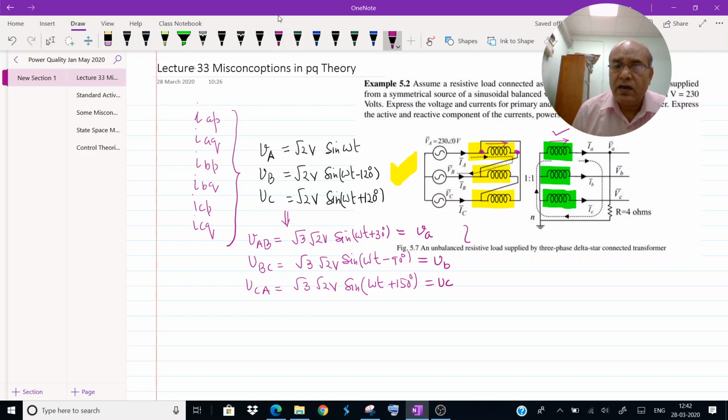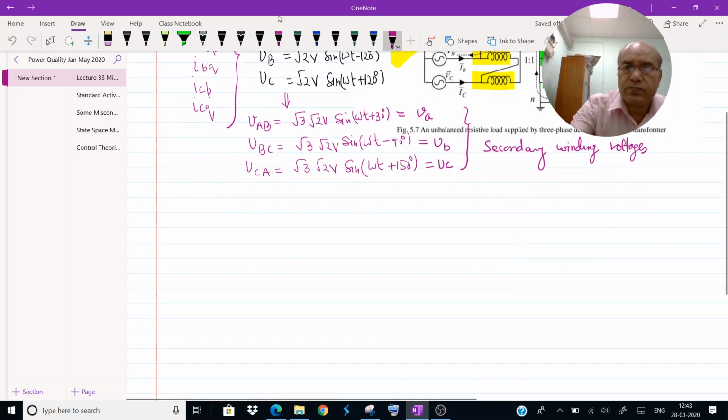So these are actually the secondary winding voltages. Am I correct? Secondary winding voltages.